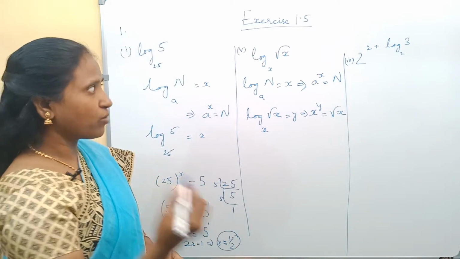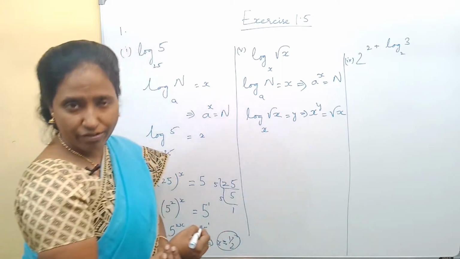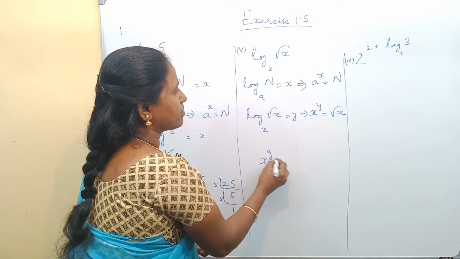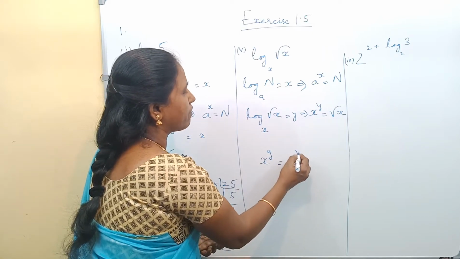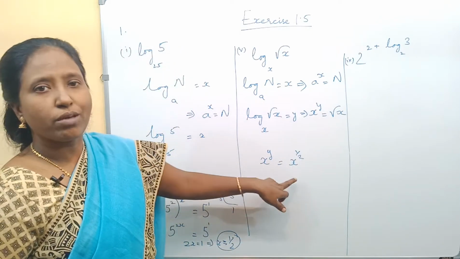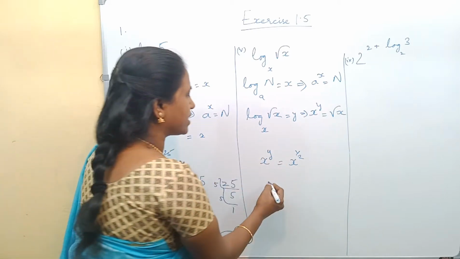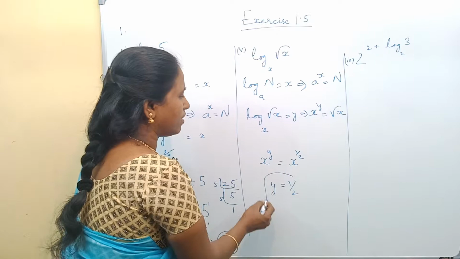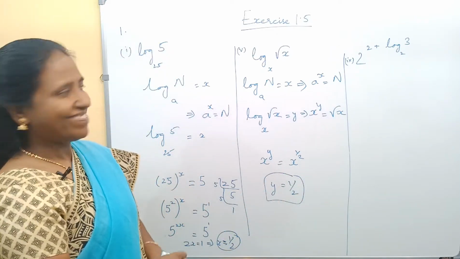And we know what root x is. Square root of x is x power 1 by 2. So x power y equal to x power 1 by 2. Now both the bases are similar, so y equal to 1 by 2. This is our answer. Right?